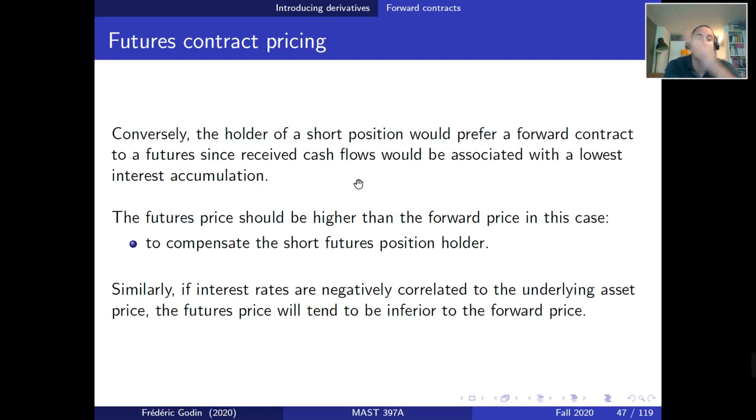You'd rather wait for the cash flows to be paid at maturity, because you cannot accrue a lot of interest on your inflows, and you lose a lot of interest when you pay money.